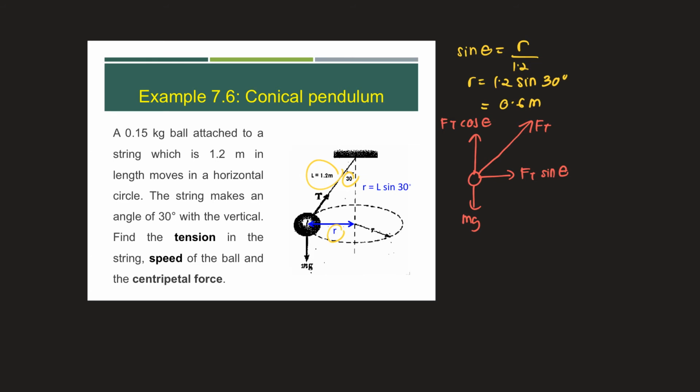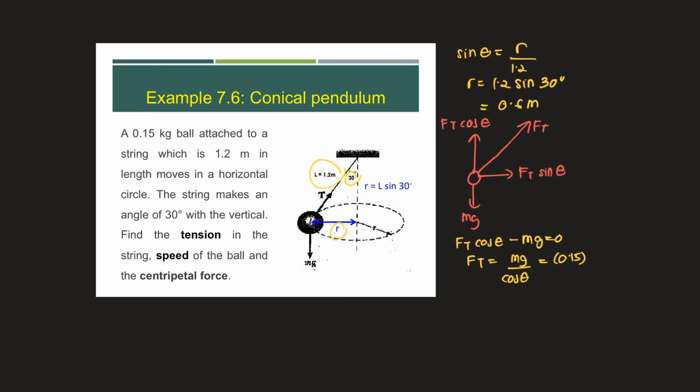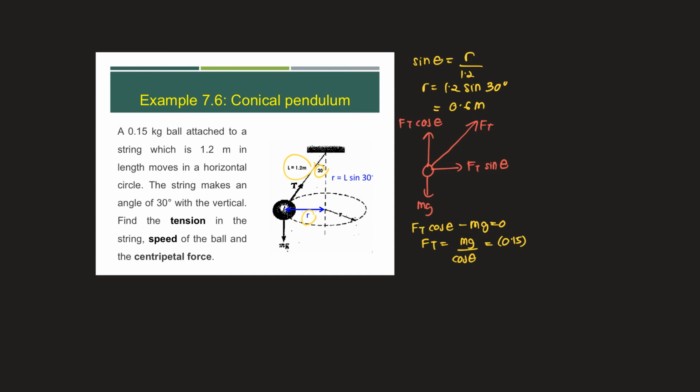The question asks you to find the tension force. Therefore, I'm going to use the formula ft cos theta minus mg equals 0. So ft is basically mg over cos theta. m is 0.15 times 9.81 over cos 30.